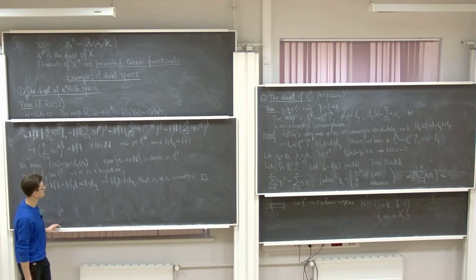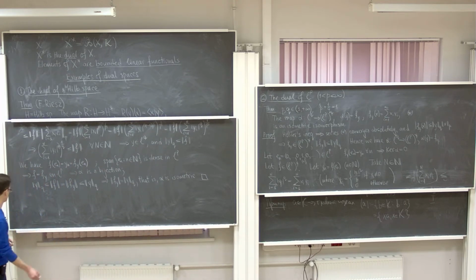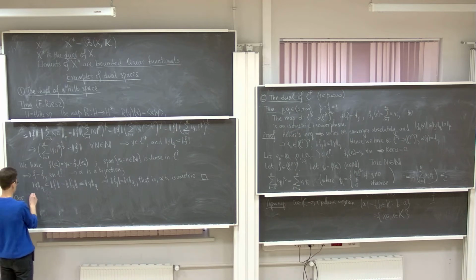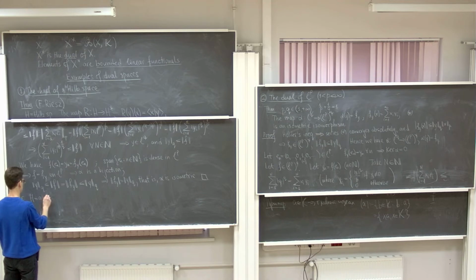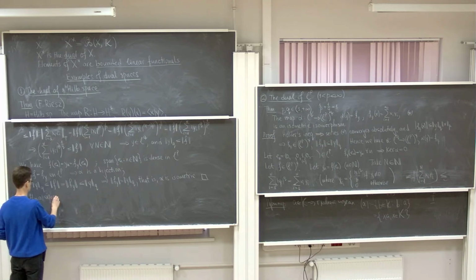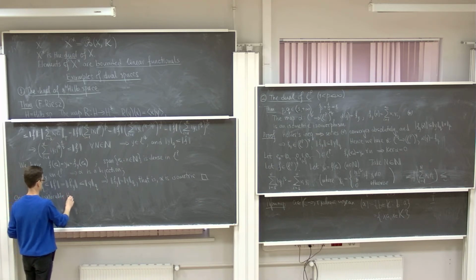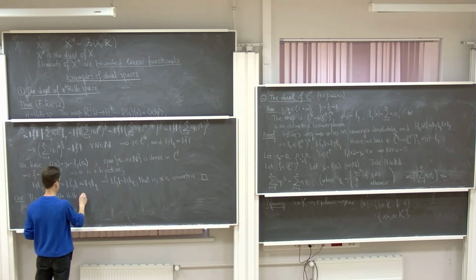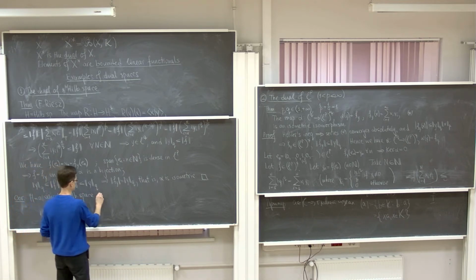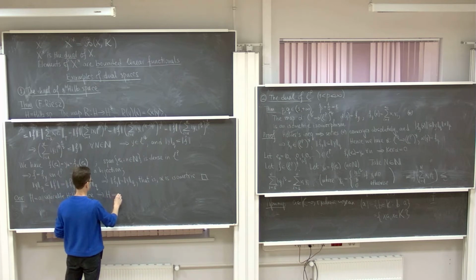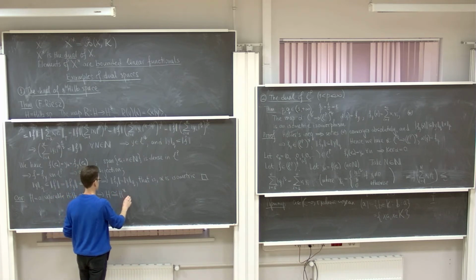Okay. By the way, a simple corollary is as follows. If H is a separable Hilbert space, then H is isometrically isomorphic to H star.